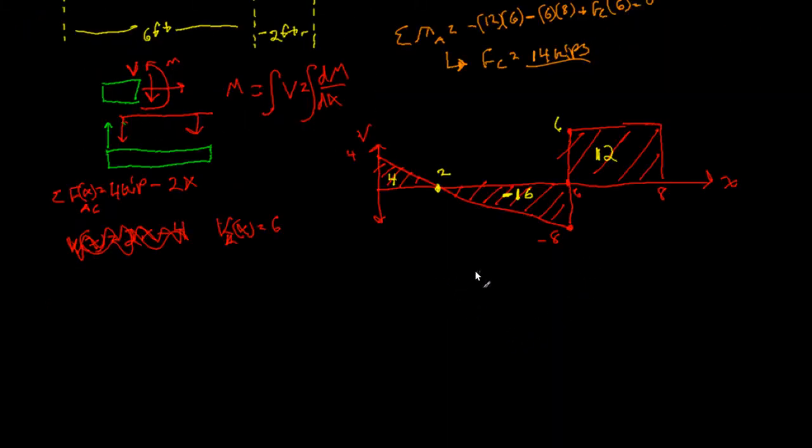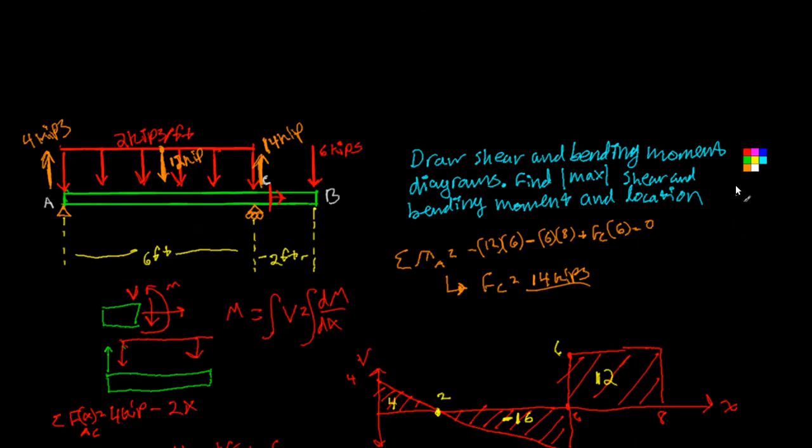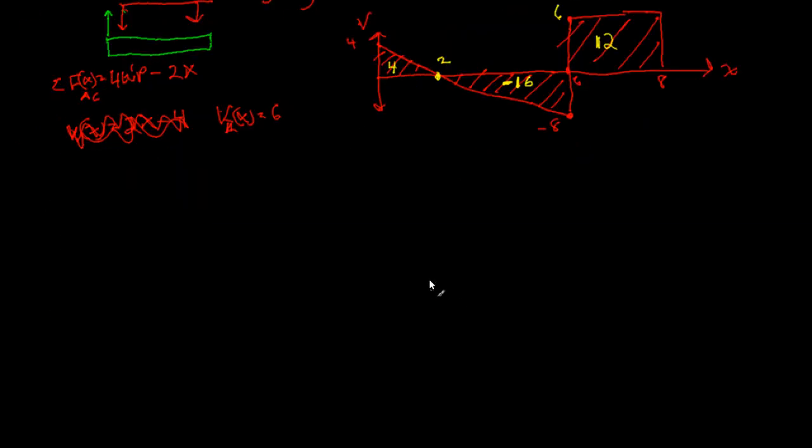Okay, we'll go down here. Let's change colors first. Make this a little bigger. Okay, so we want to find what the bending moment is from 0 up to 6 feet first.